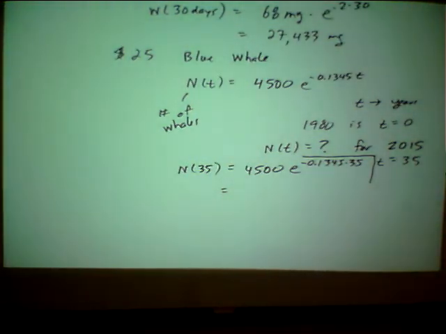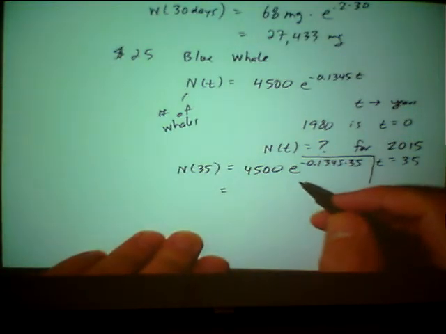And now, once again, hopefully you're all becoming experts on using your calculators. So 0.1345, a negative, times 35 equals, and that's going to be the exponent on my e, and I multiply that times 4,500.